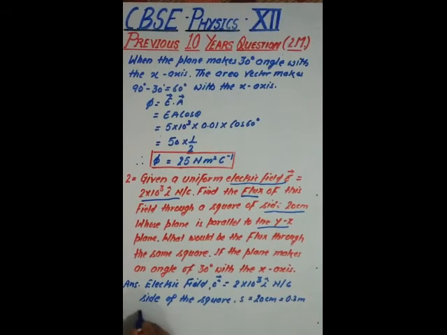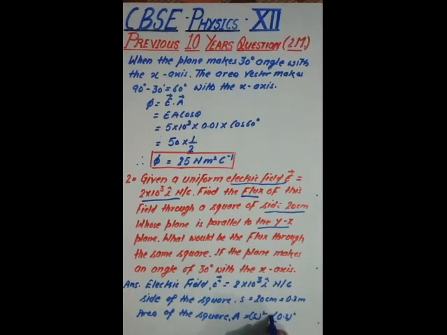So area of the square, suppose A, we know that it is side square. So it will become 0.2 whole square. So area will become 0.04 meter square.